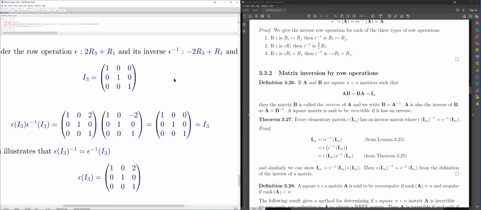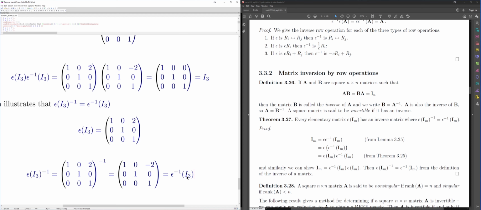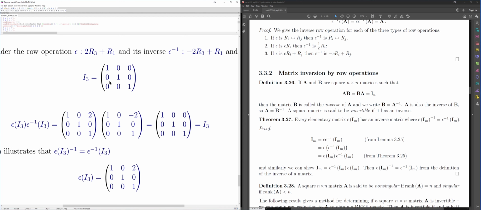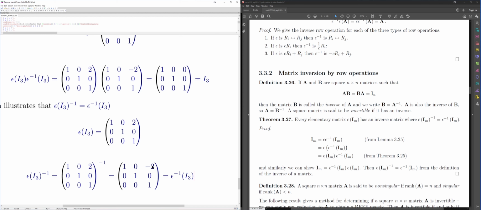I take this inverse row operation and apply it to I3, and I get this here, with a minus 2 showing up over here. This matrix with the minus 2 is the inverse of this elementary matrix.